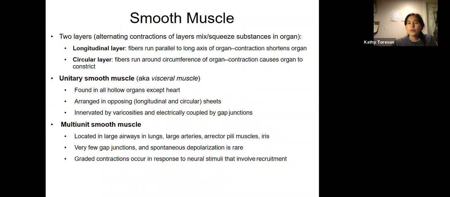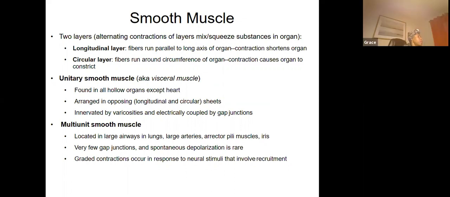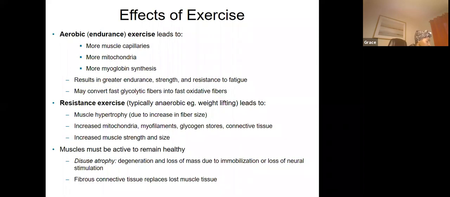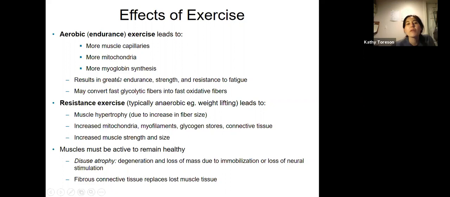Now, I don't remember if I got into smooth muscle last week. For the capillaries, you said increased blood flow and the mitochondria generates energy. For myoglobin, that is for what? Oh, sorry, the myoglobin is what's binding oxygen.